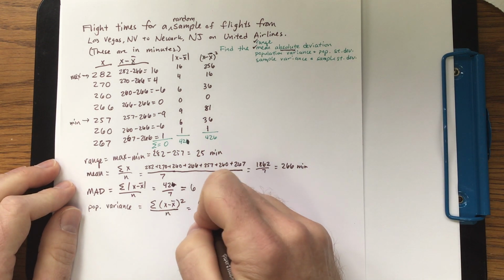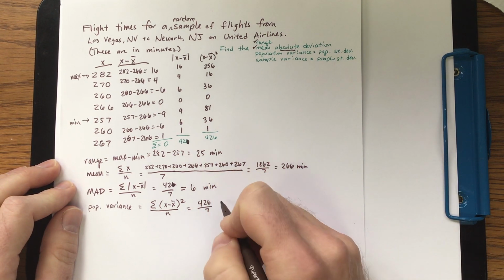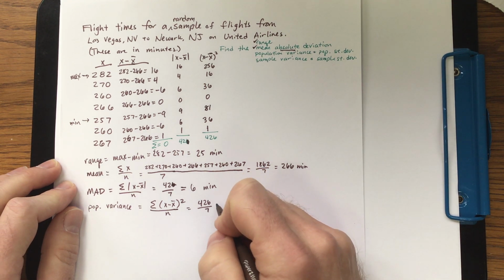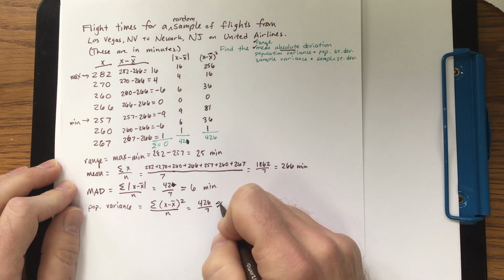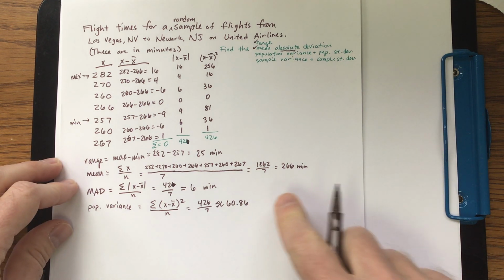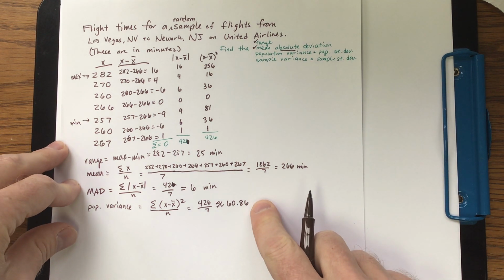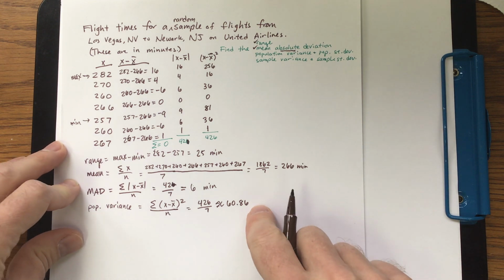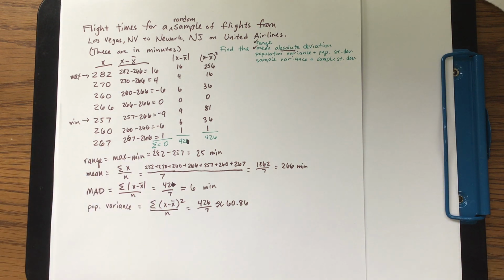So that would be 426 divided by 7, and this number is approximately 60.86. If you wanted to put some units on here, it would be squared minutes, but that really doesn't make any sense to me, so I'm just not going to put any units on there.